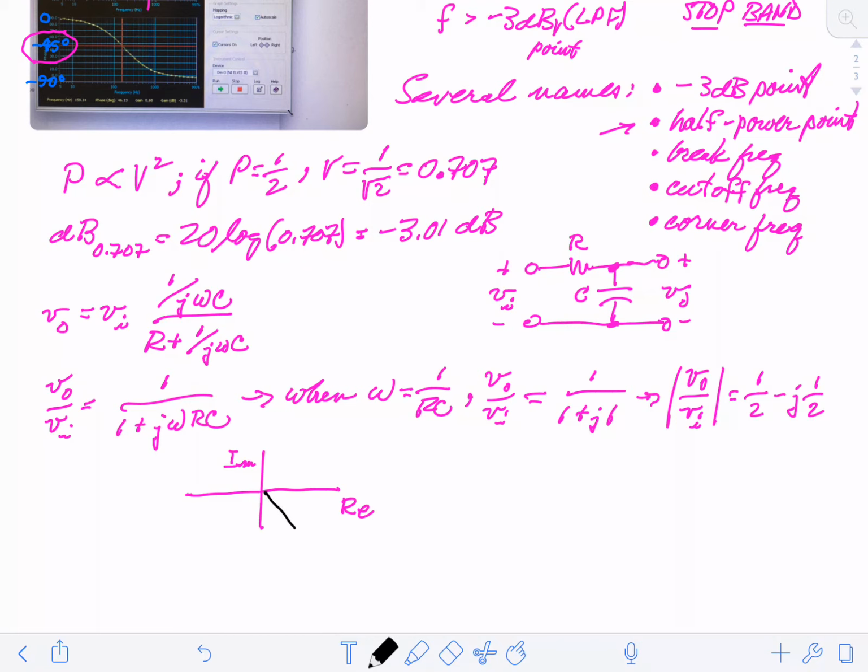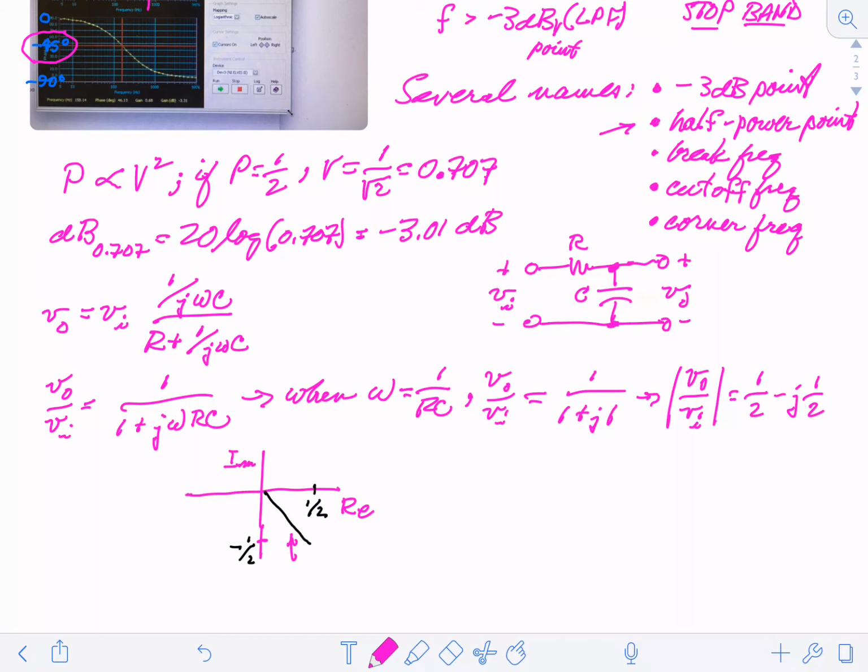It comes down here, and this would be 1/2 here, and then this would be minus 1/2 here. And I'll extend that line down. And so, what is the length of this line?